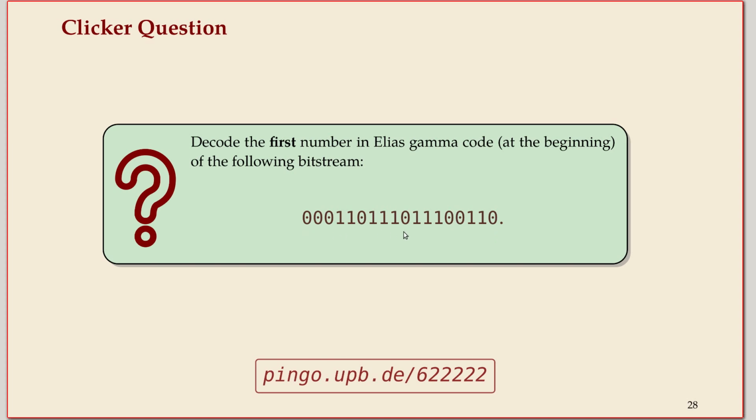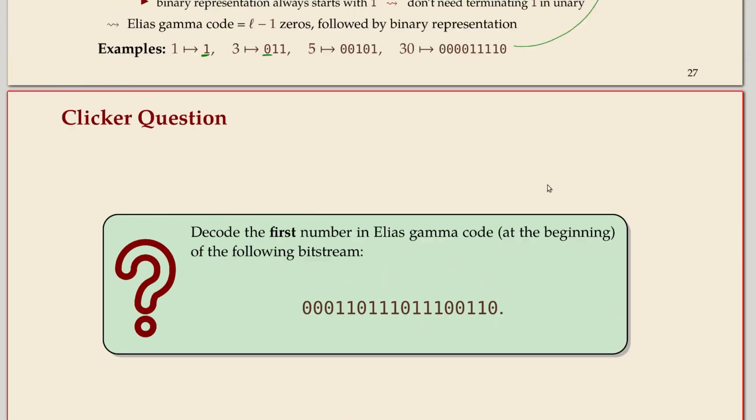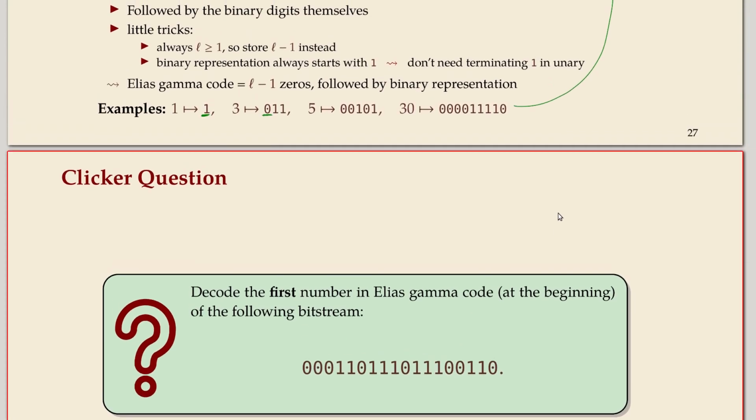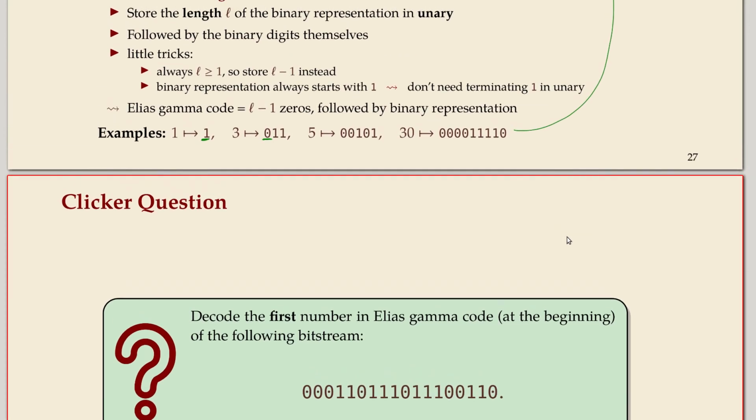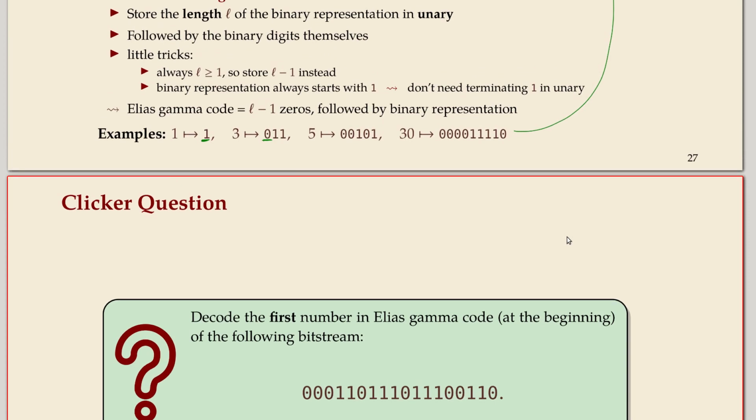You should decode the first number in Elias gamma code that you find, and then just stop. So I want to hear a single decimal number from you. And here you also have the rules for how to do it.